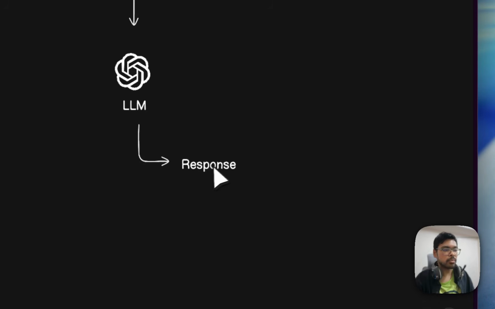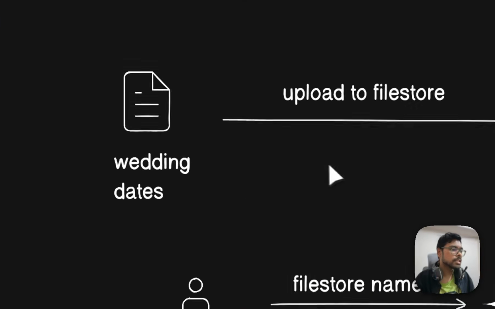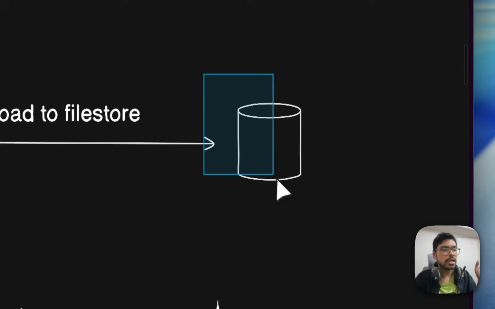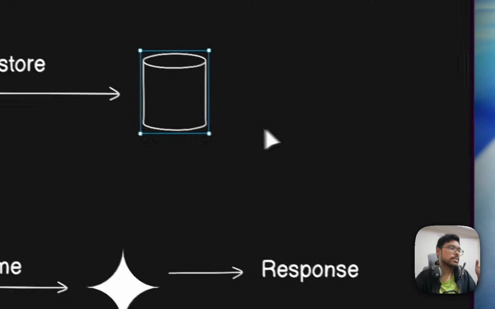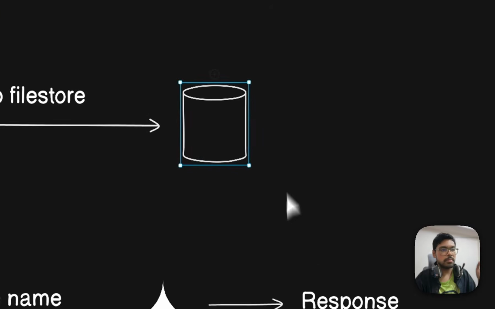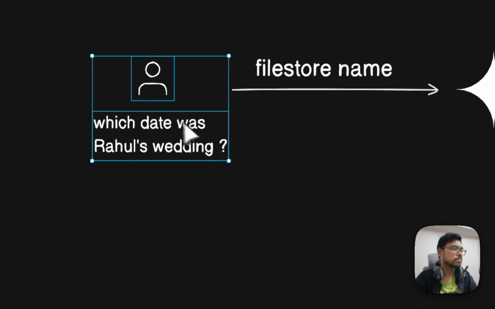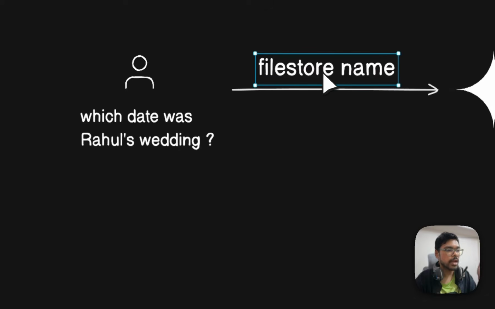Gemini released their own file store. So now what you need to do is just put the PDF into the file store that Google provides. You just upload this into the file store, then you ask your query and give the file store name.